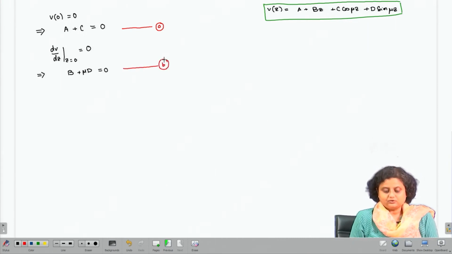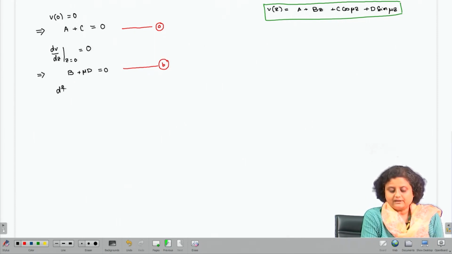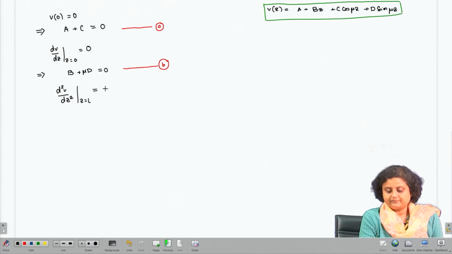Now, let us use the third condition, that is d2v by dz square at z equals L is equal to 0.